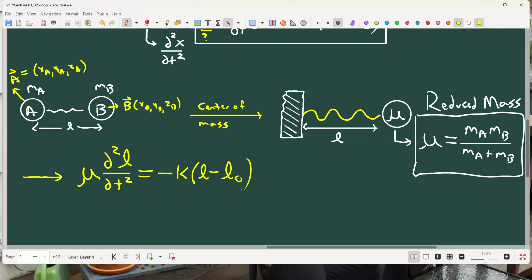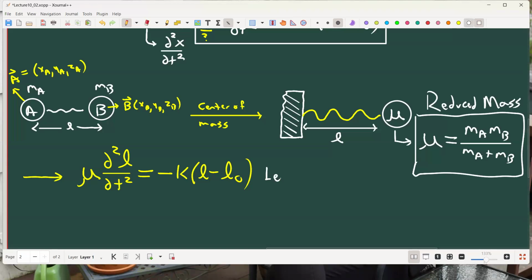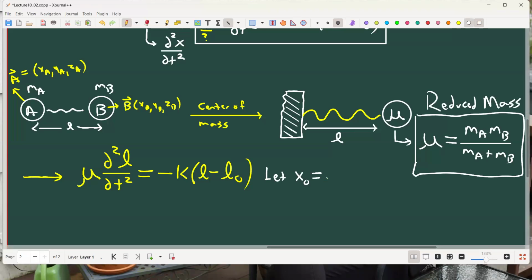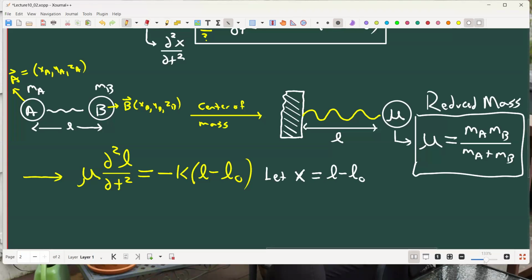Okay, and I'm just going to simplify this a little bit. Let's let x equal L minus L naught. And so I can rewrite this very easily as mu d squared x dt squared equals minus kx.